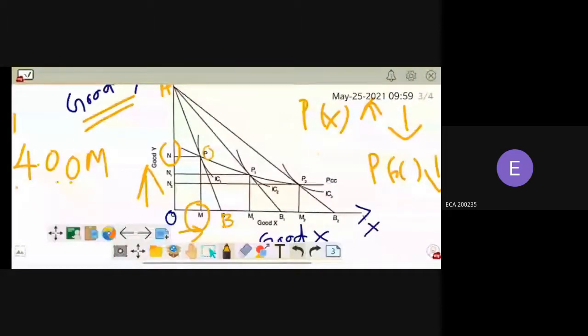And see what happens when the price of X decreases.